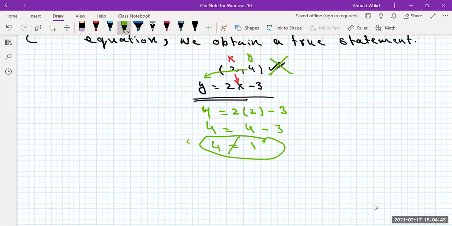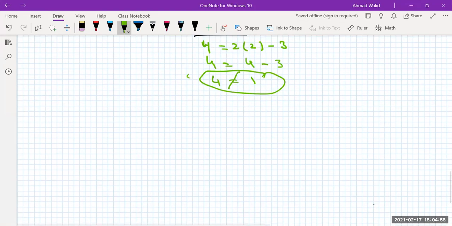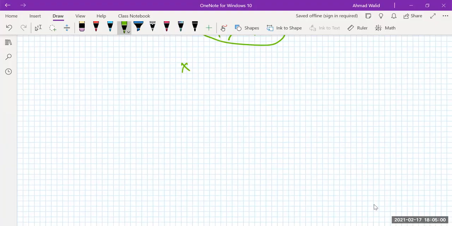Using this property, using this idea, now you can graph any equation by the plotting method. When you are using a table of X, Y like this, we call this the plotting method.